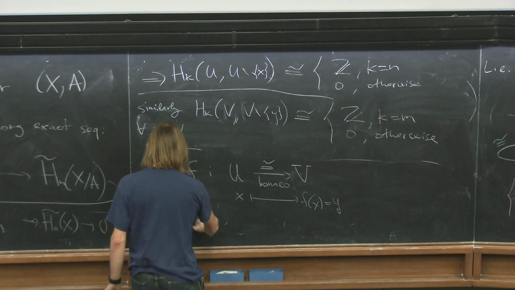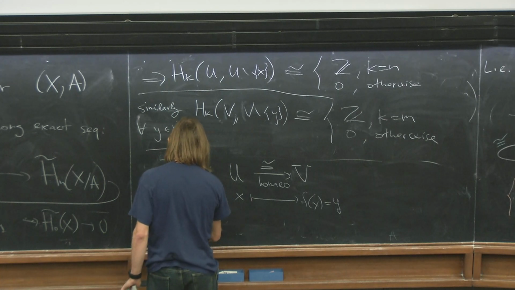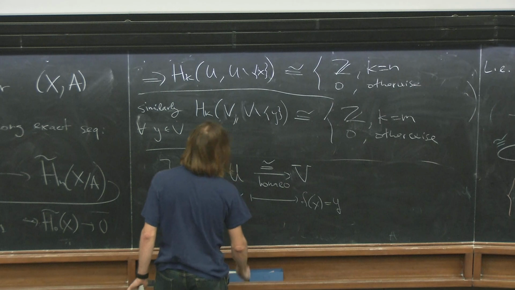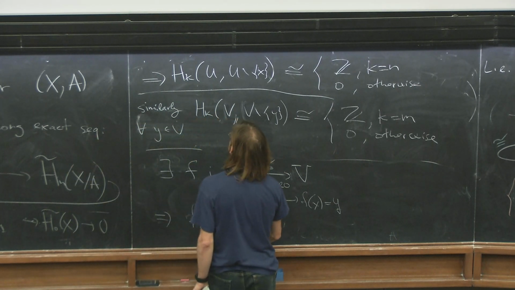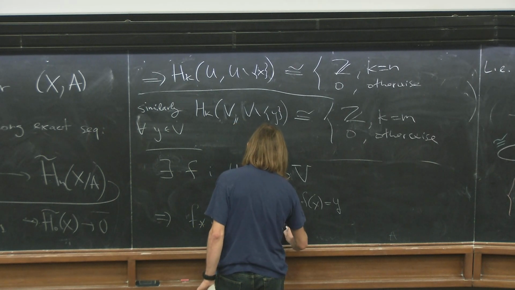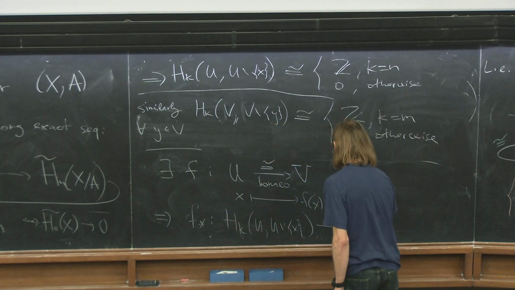And then, since it's a homeomorphism, there's an induced map between the relative homology groups, which is an isomorphism.